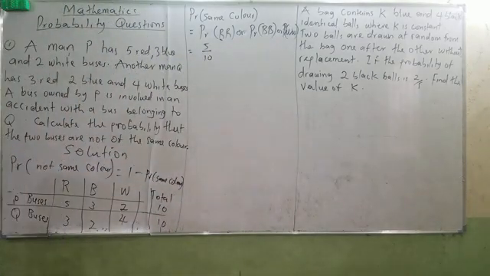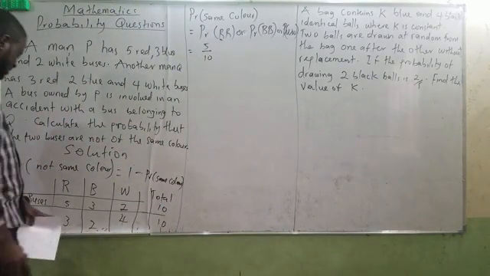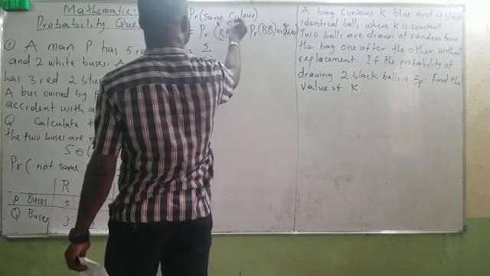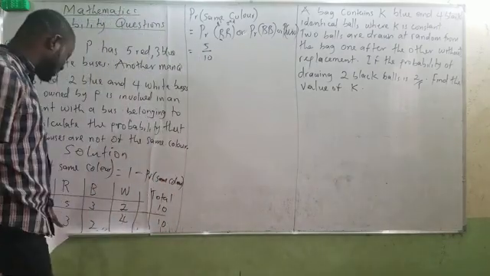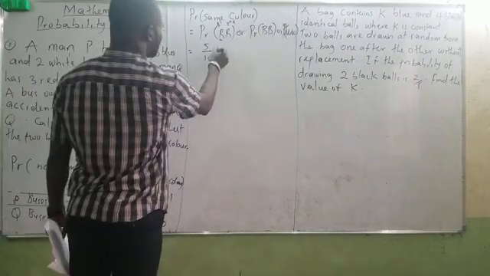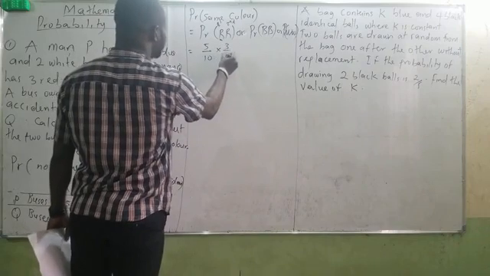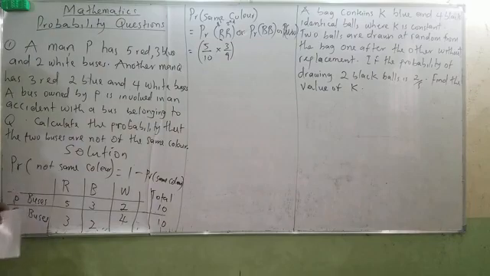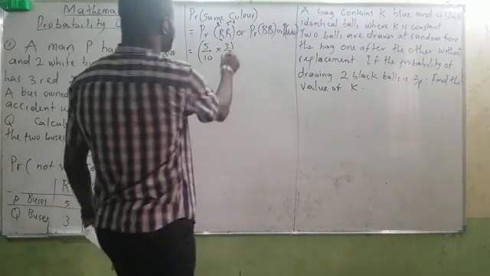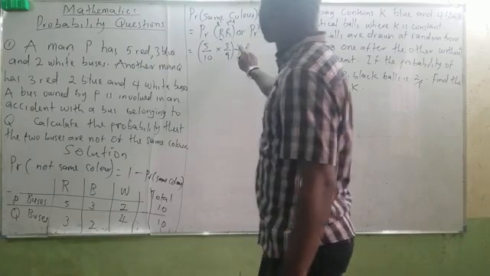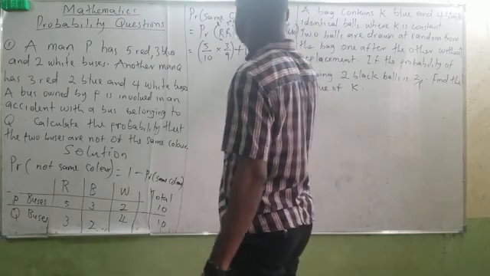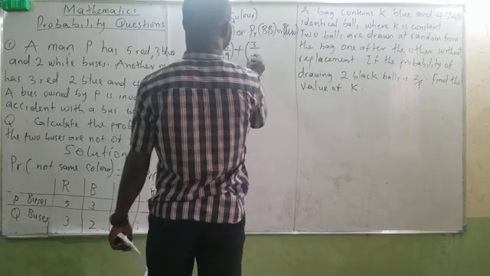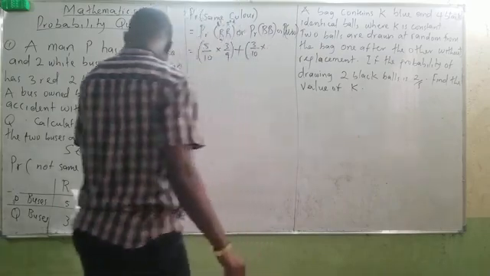The second red, take note of this, will be 3 all over 9, multiplied by the first. Do you know that 1 has been subtracted from the total because of the condition, and this is all plus. The same thing will occur here. First one, probability of blue is 3 all over 10, multiplied by the second one, which will be what?